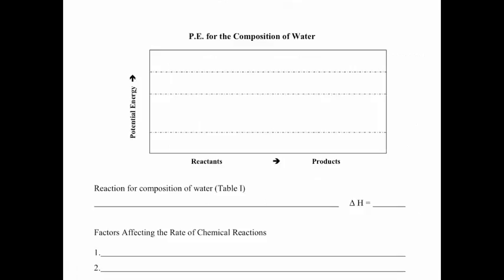All right, we're going to do the opposite reaction now. So we're going to go from our hydrogen and our oxygen to our water. So this is actually how it was written in table I. So I'm going to put my 2H2 gas plus my O2 gas, and we're going to make 2H2O liquid, and my delta H is going to be negative 571.6 kilojoules.